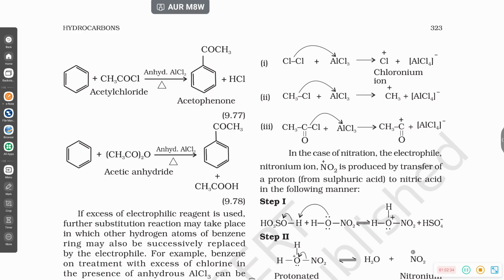In case of nitration, this is very important: HNO3 and H2SO4. Both are acids, but which is the strong acid? H2SO4 is the strong acid, so the other one becomes the base. HNO3 gives OH minus and NO2 plus.